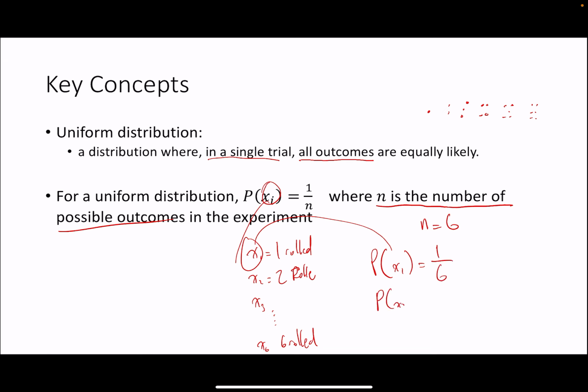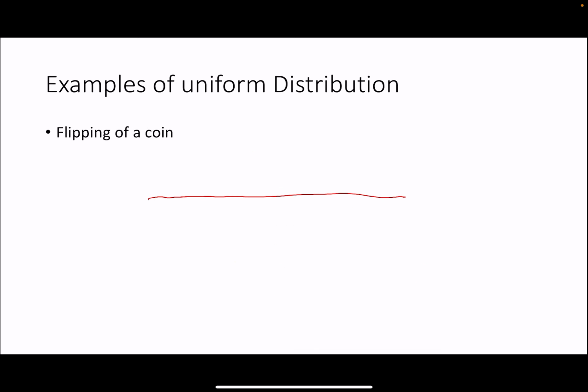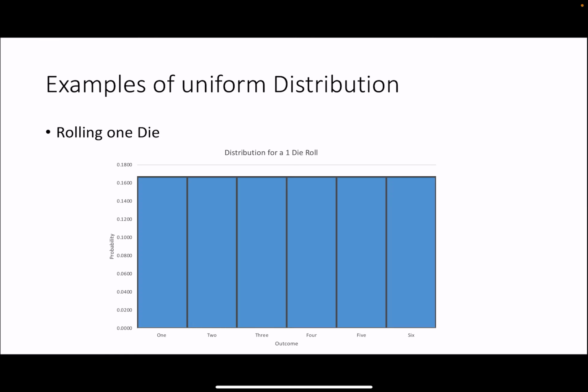The probability of x2, or 2 rolled, is 1 over 6. Basically, when they're all equal, they have the same probability of happening. So rolling one die, once again, is 1 over 6, an equal likelihood of each of these outcomes.